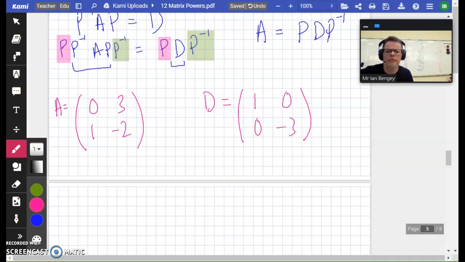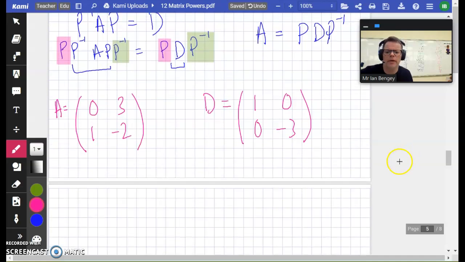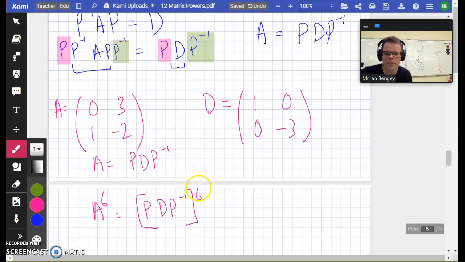Well, how does that help me find this power now of A? I want to find A to the power 6. But I know from above that A equals P, D, P inverse. So A to the power 6 is going to be P, D, P inverse, all to the power 6.